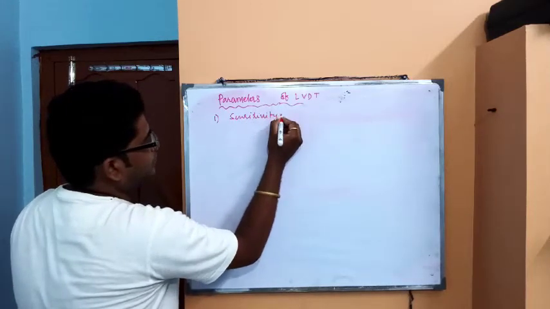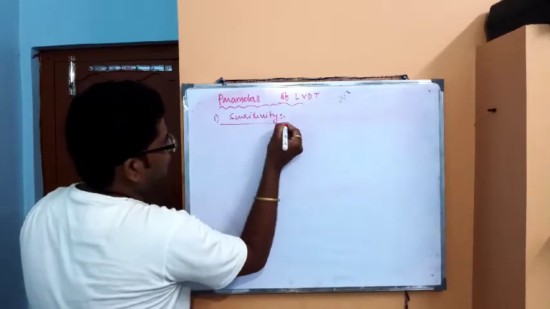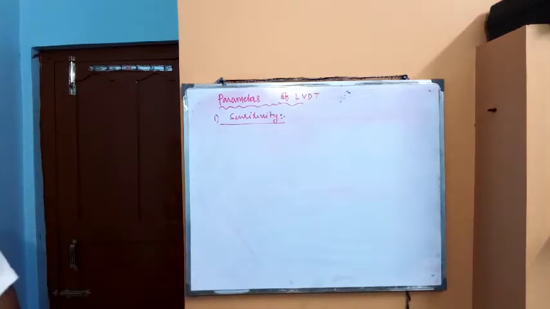Our first parameter is the sensitivity of LVDT. Now what is the sensitivity of LVDT? The sensitivity of LVDT is defined as the ratio of output voltage to the displacement of the core.